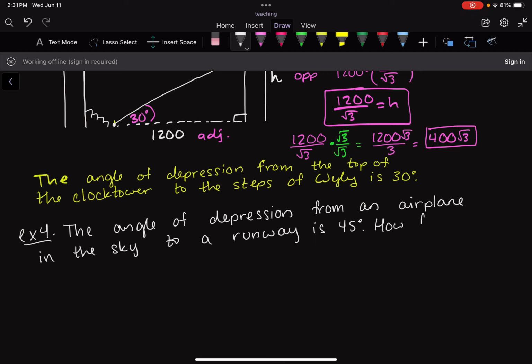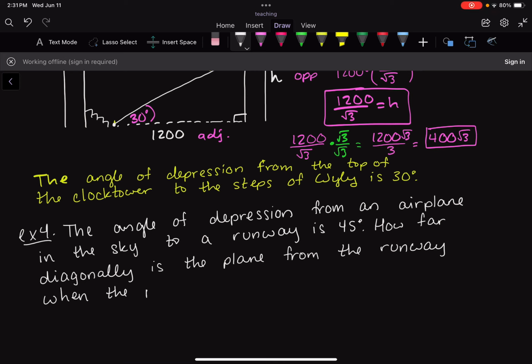So how far, how far diagonally, I missed a word, diagonally is the plane from the runway when the plane is at an altitude of 7,000 feet.